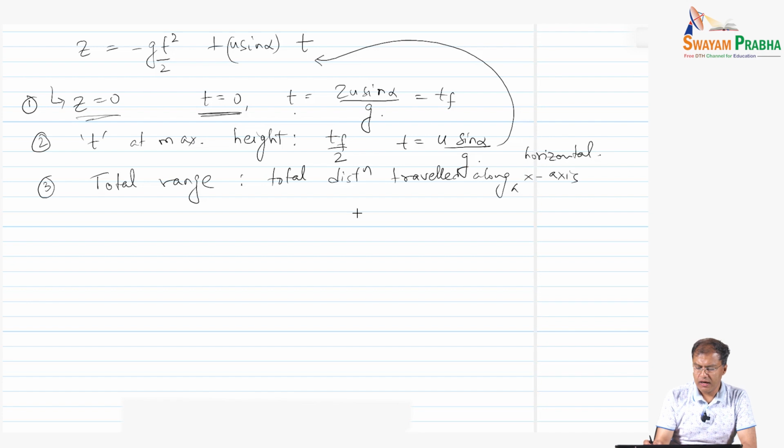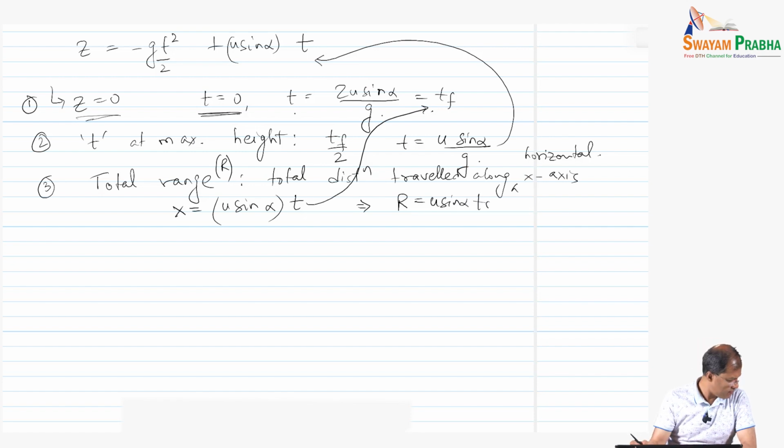So from the equation of motion, x was u sin alpha times t, and in t we put the total time of flight, and we get that the total range r is given by u sin alpha times tf, which is the time of flight, and after processing all these quantities we get r is u square sin 2 alpha by g. Okay, so that is what we have.